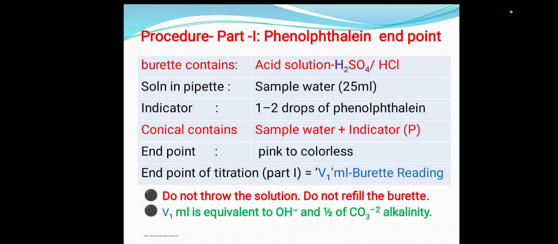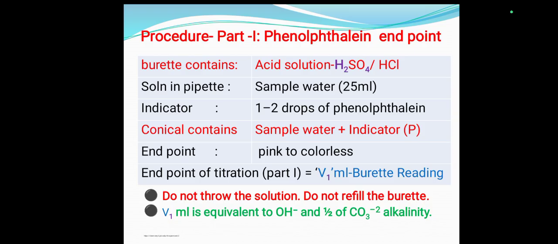But before proceeding toward part 2, there are things to remember. Do not throw away the solution and do not refill the burette. In part 1, the pink color changes to colorless. You are not supposed to throw that colorless solution; keep it as it is. And second, do not refill the burette again.